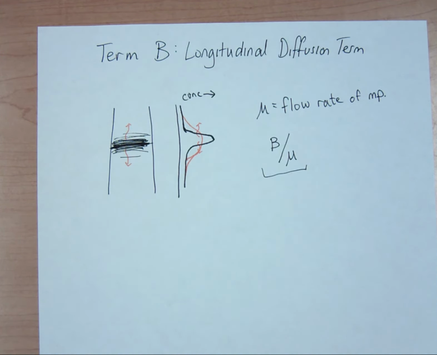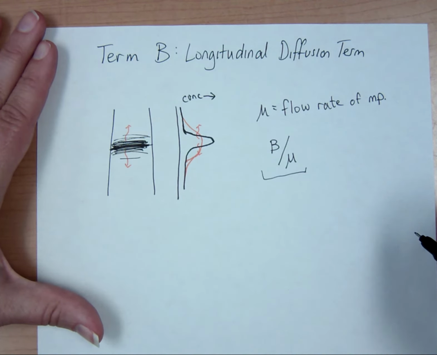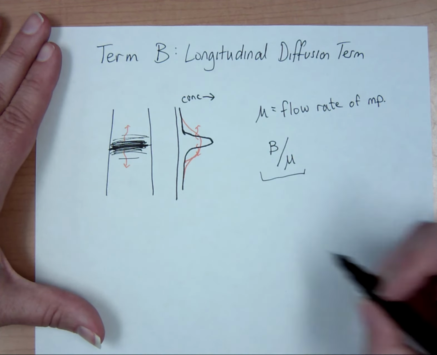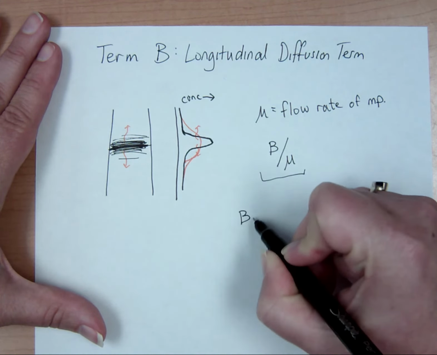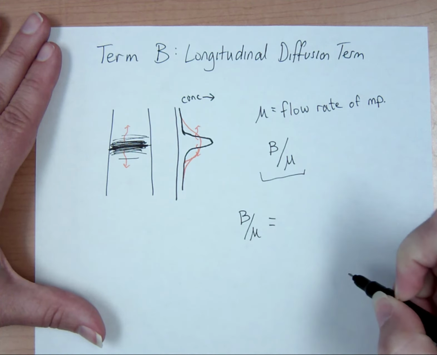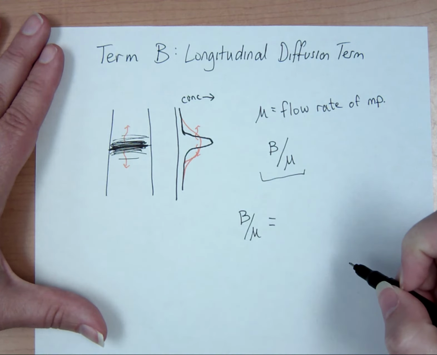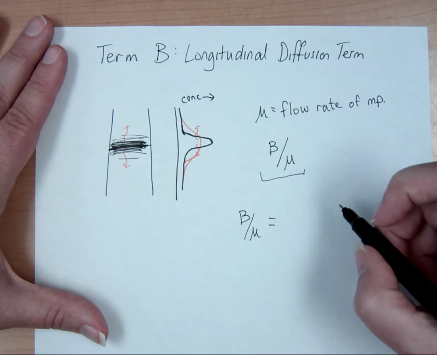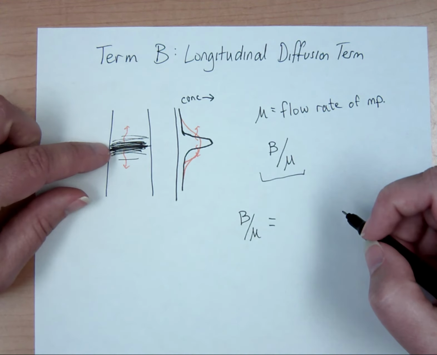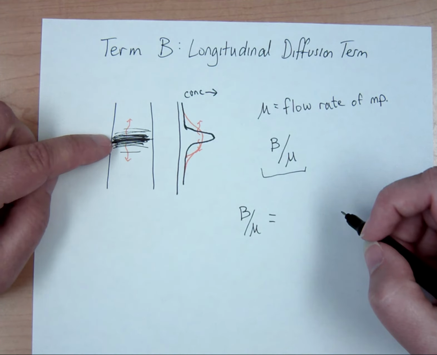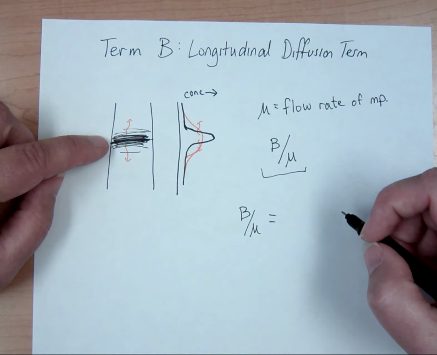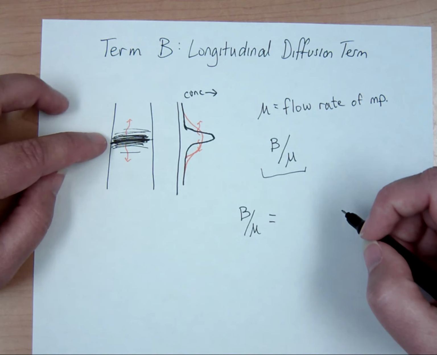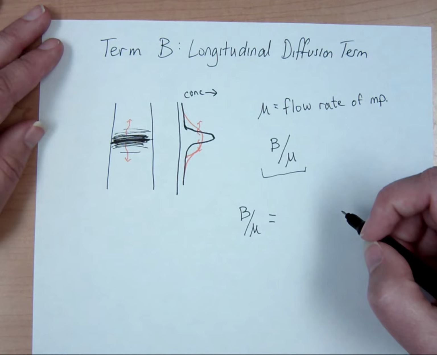Now, the other area that we want to consider is what else affects this longitudinal diffusion term. If we're dealing with diffusion, we want to consider our diffusion coefficient, or what is the rate at which this diffusion occurs. Because there are some analytes that will diffuse faster than others. Their diffusion rates are simply faster. Smaller molecules are going to diffuse faster than larger molecules.